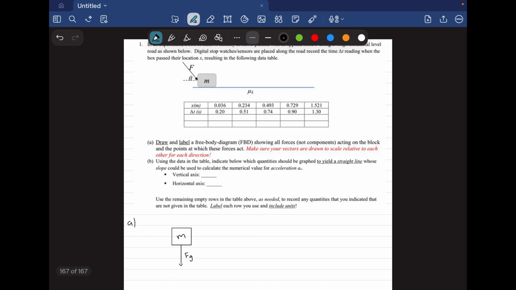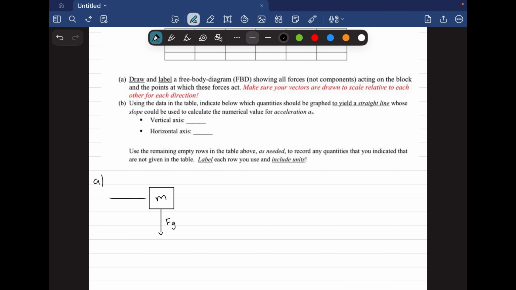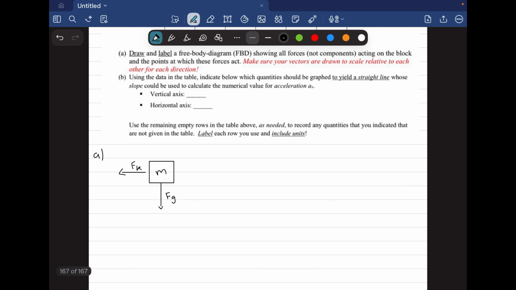And then F friction, right, is moving to the right, so friction will oppose it. And then there's your applied force F, right? Something like that.